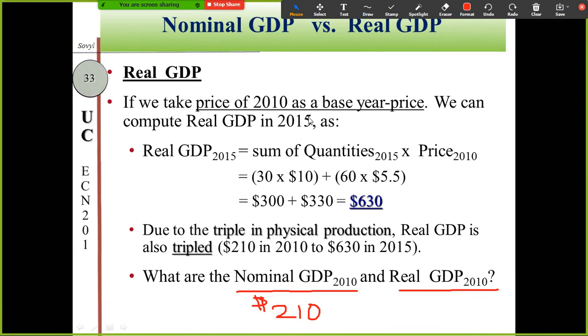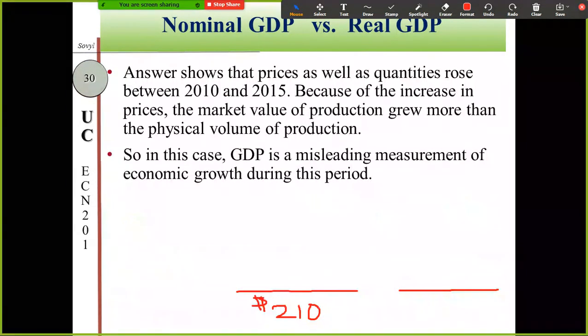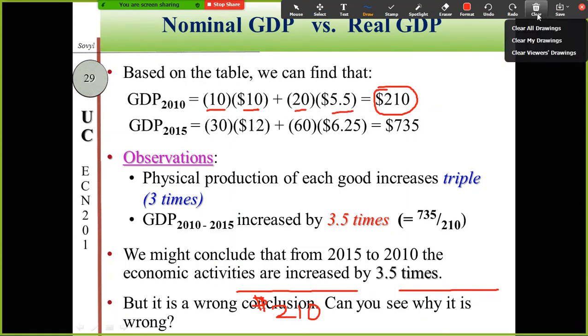Maybe I go back. This one: quantity 2010, price 2010, quantity 2010, price 2010. That's why nominal GDP 2010 is 210.